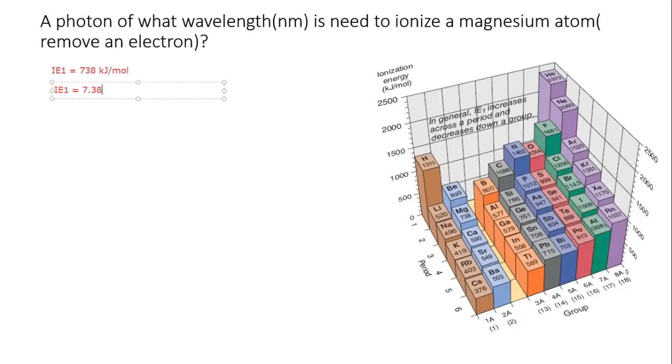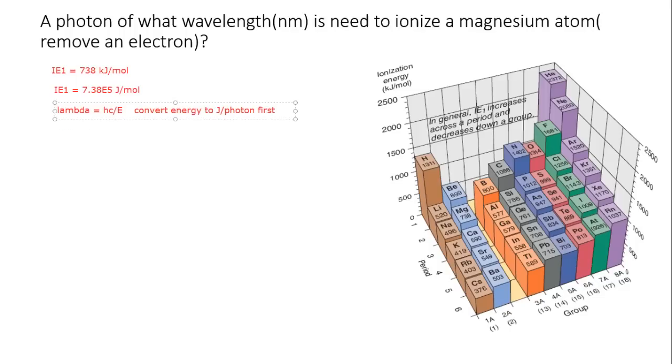7.38 e to the 5th joule per mole. In order to use the equation lambda equals hc over energy, we've got to convert energy to joule per photon first.